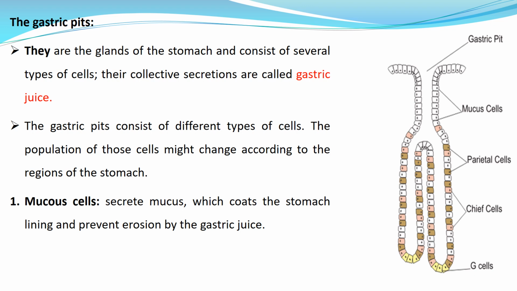So what is the gastric juice? They are glands of the stomach and consist of several types of cells. Their collective secretion is called gastric juice.